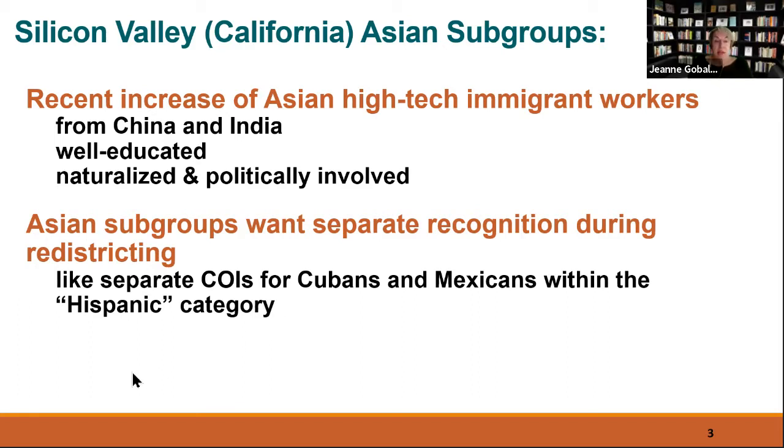Increasingly, we find Asian subgroup members want separate recognition during redistricting. It's sort of like in Florida, where Cubans and Mexicans tend to vote differently and are really separate communities of interest. Well, this is true for the Asian population as well.